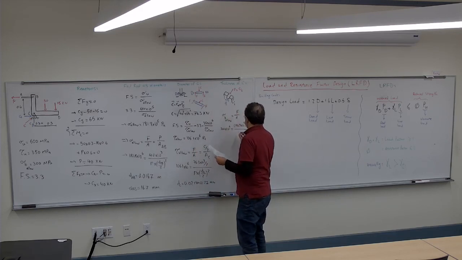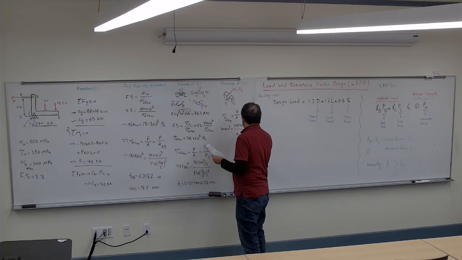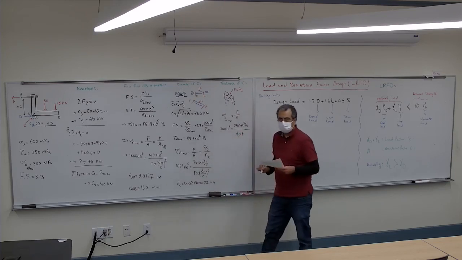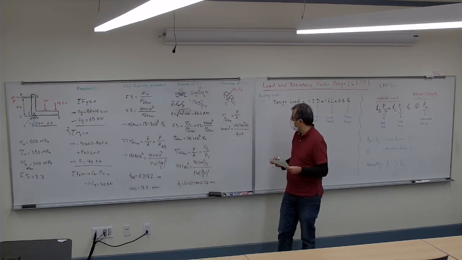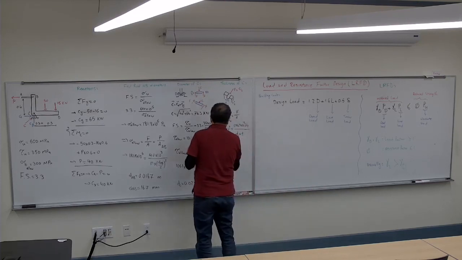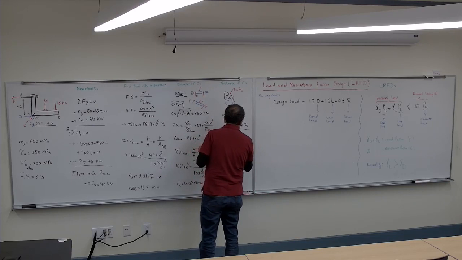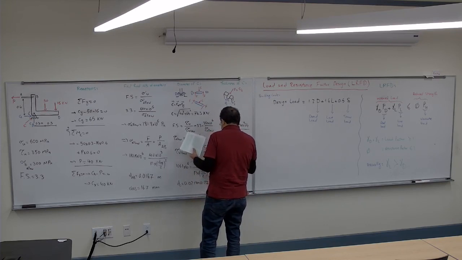The area is gonna be D sub C times T. So 300 times 10 to the 6 is equal again to 76.3 times 10 to the 3 divided by 2, and DC is 0.022 times T.